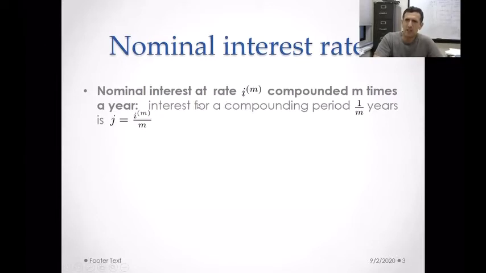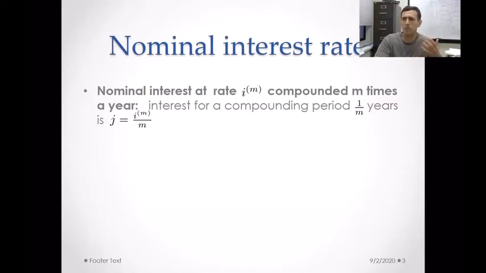is that the actual interest for a compounding period of 1 over m years is I superscript m divided by m. Okay, so let's dissect this definition a little bit. That tells me that the growth factor for a period of 1 over m years is 1 plus I superscript m divided by m.